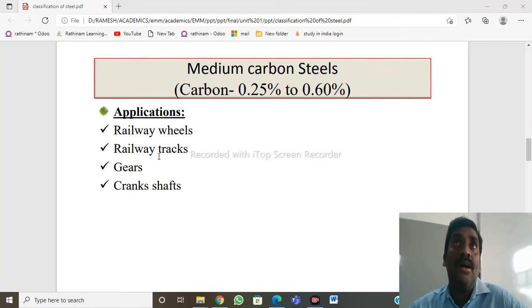If we increase the carbon content, brittleness appears, and if any failure takes place because of this brittle nature, it will affect the entire system. So we go with medium carbon steels for railway wheels, tracks, gears, and crankshafts, because these elements work continuously, 24 hours, and we can work with these materials.